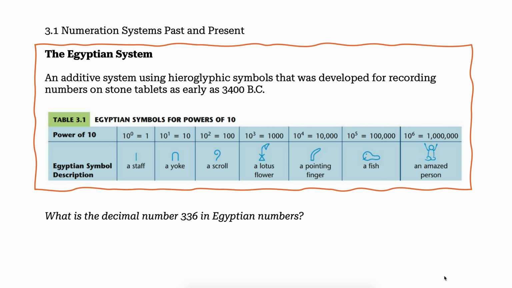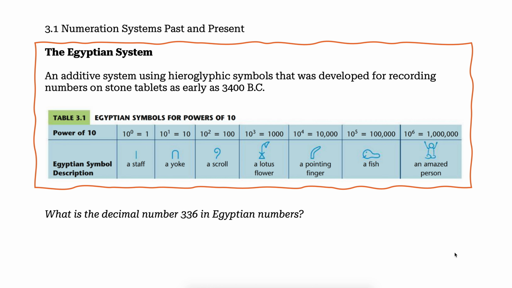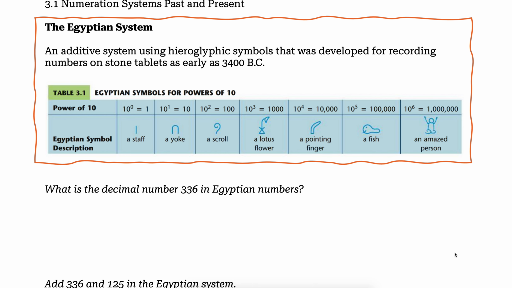That was their symbology. Now, when they were expressing numbers, so here it says, what is the decimal number 336 in Egyptian numbers? When they're doing something like 300, it was literally 3 hundreds.